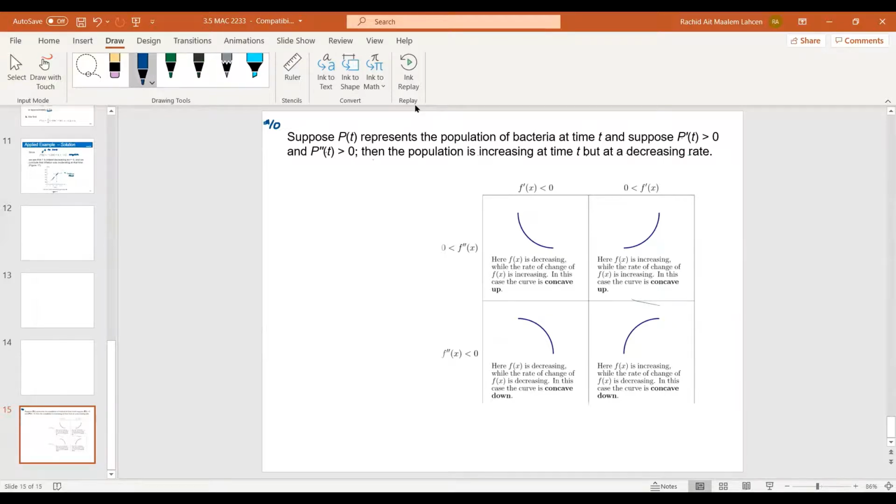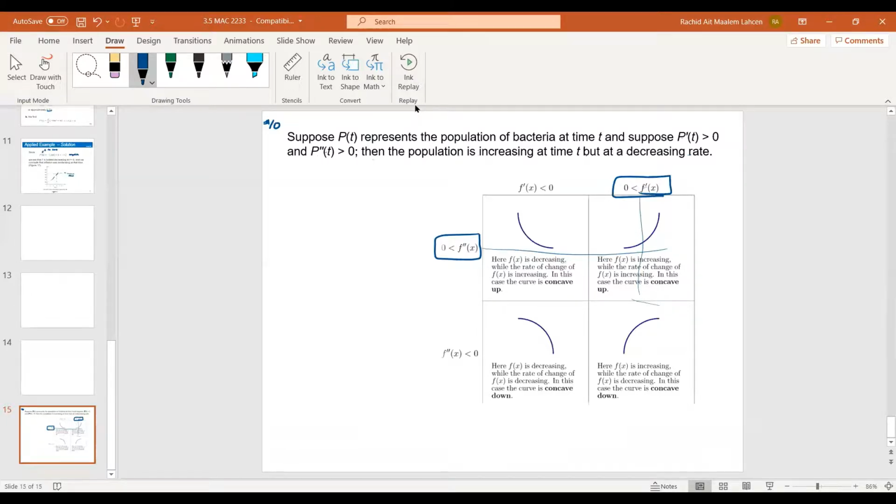So P prime of t, which is that first derivative, whatever the function is called, it's still the first derivative, positive. The second derivative is positive as well, right? So now where they intersect, of course, is this picture here. This is what we expect. If that function's first derivative is positive and its second derivative is positive as well, it's concaving up.